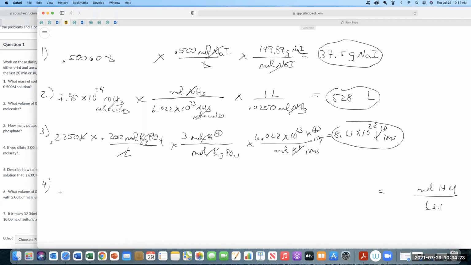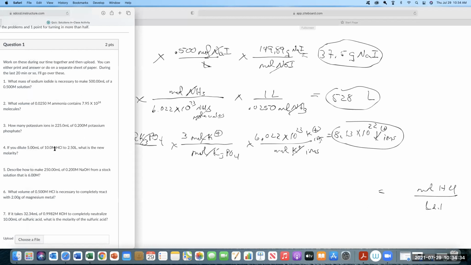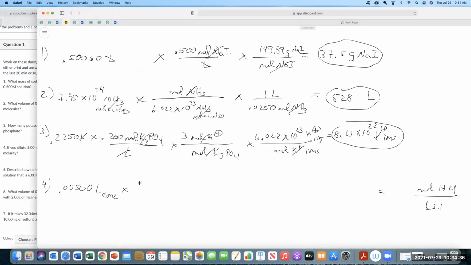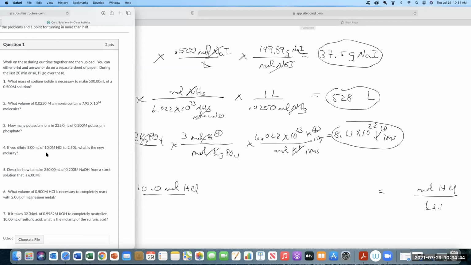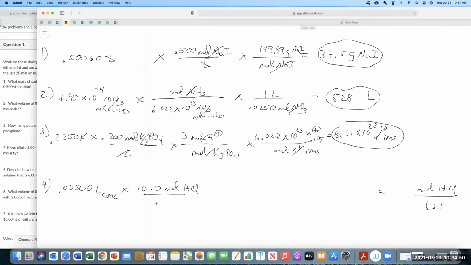We have 0.00500 liters of the concentrated solution, and we have 10 moles per liter. So the 5 mils and the 10 molar are the same solution. The 250 is the second solution.